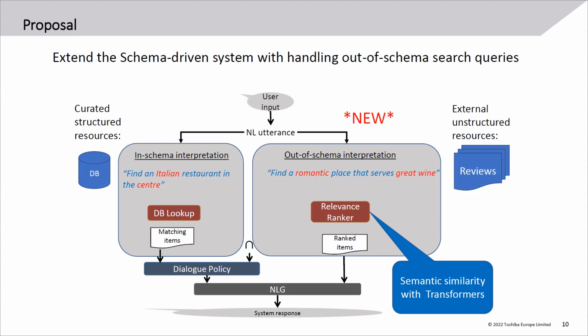And the new component that we introduced processes out-of-schema utterances, such as find a romantic place that serves great wine.